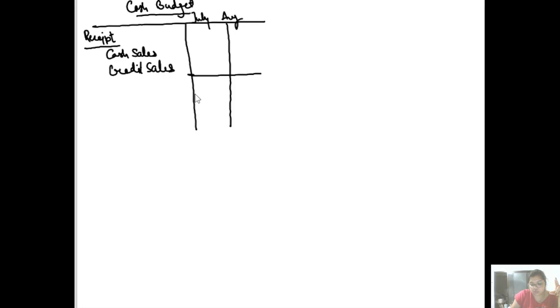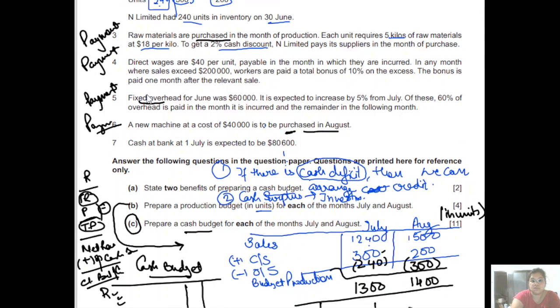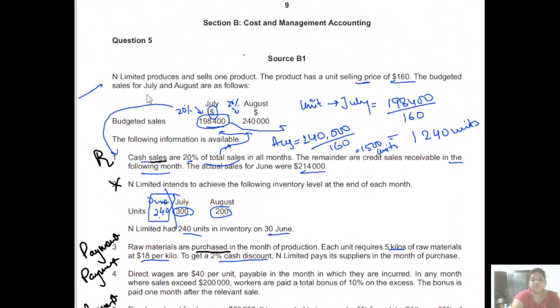After that we get the total receipt. Now what is your cash receipt, what is your credit receipt? That's the main question. For that we have to understand what is in point 1. Cash sales are 20% of the total sales in all months.